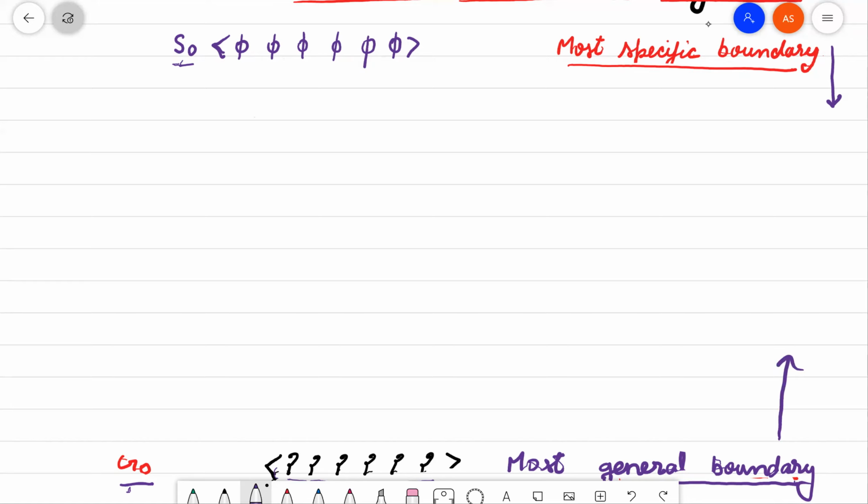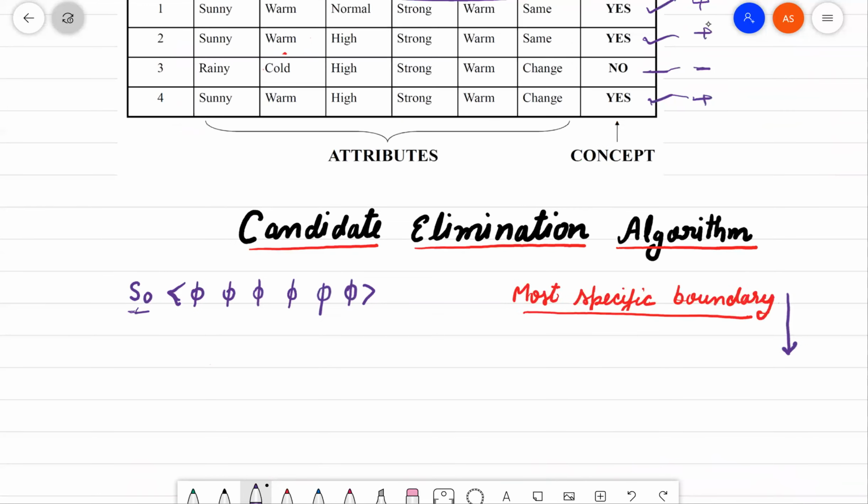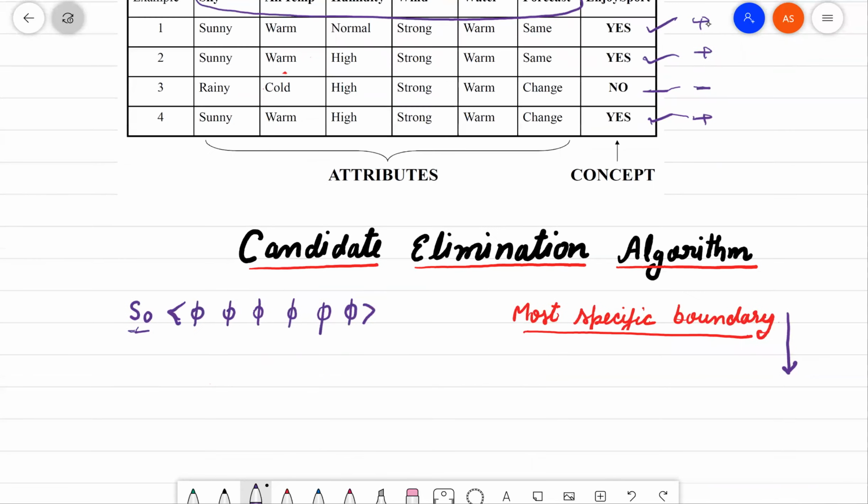The next step is we take the first instance, S1.